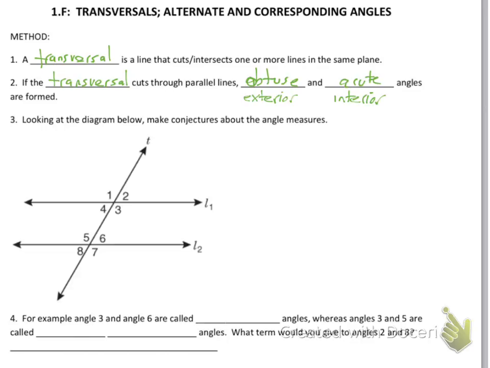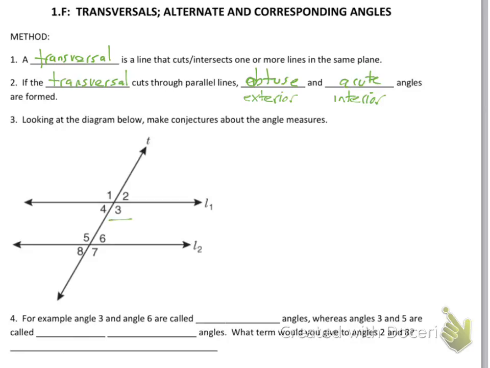Vertical angles. That means 2 and 4 are the same because they're vertical angles. 5 and 7? Vertical. 6 and 8? Vertical. 5 and 6? Not vertical. I was hoping someone would say that because you're not paying attention. All the ones that we listed there, except for the last one, are vertical angles. By definition, they are the same.